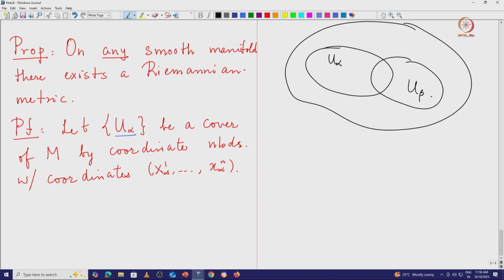So there is this U alpha. On this U alpha, you have this map phi alpha to Rn, and similarly on U beta, you have a map phi beta to Rn. So the idea is on Rn, I have a Riemannian metric, the standard flat Euclidean metric.